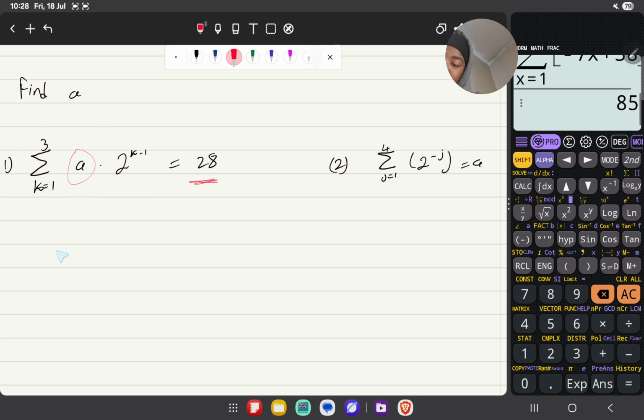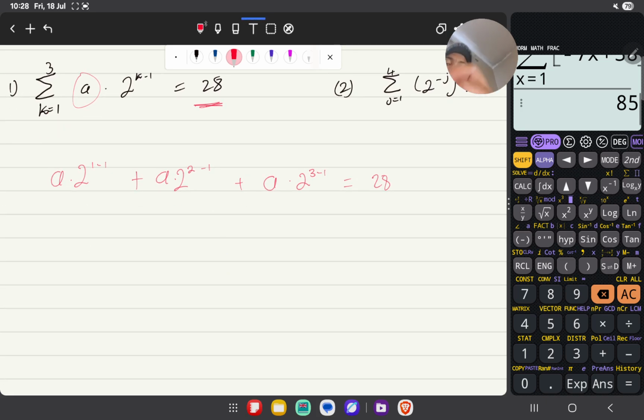Because you know you're going to have a multiplied by 2 to the power, we're starting at 1 minus 1, plus a multiplied by 2 to the power of k, now k becomes 2 minus 1, plus a multiplied by 2 to the power of 3 minus 1, and that's where we stop. 28. Yeah, that's where we're going to stop.